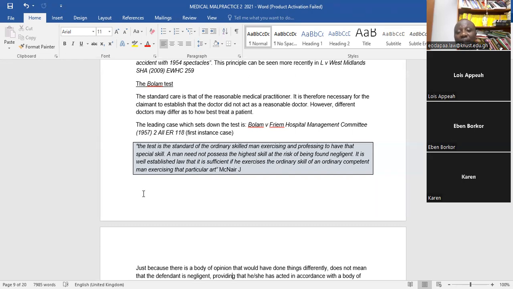So he sued the healthcare professional, for that matter, the hospital, for negligence in treating him. In his view, he ought to have been restrained, or he ought to have been made aware, and so on. So he thought that that was substandard care. Now, in the course of the trial, the judge needed to direct the jury concerning this particular matter.